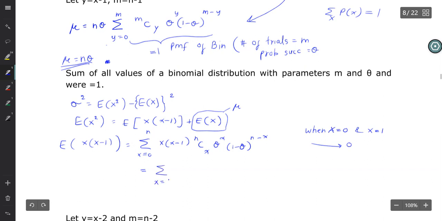Now you get only the summation going from 2 to n, x times x minus 1 is there, and you have n factorial over x factorial n minus x factorial, theta to x, 1 minus theta to n minus x. Now here again we can get rid of x and x minus 1 by rewriting your factorial term like this.